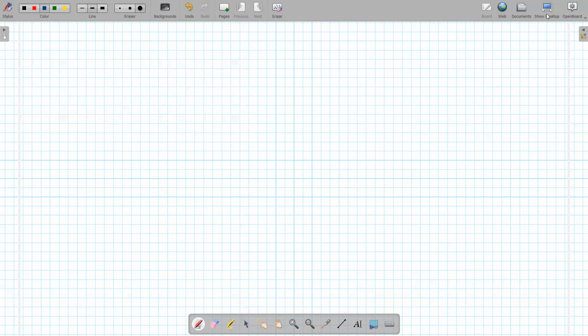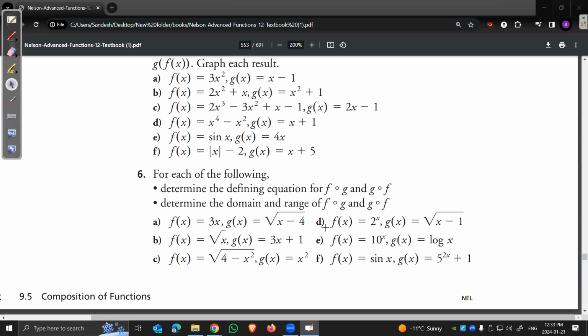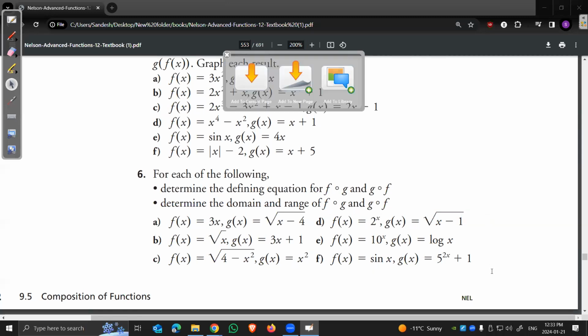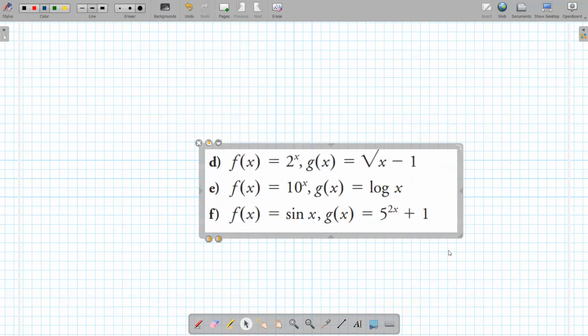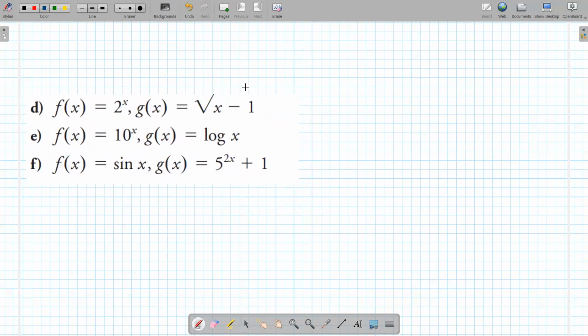Let's try doing 3 of these, where we're going to combine something other than polynomials. Let's look at D. Let's first do f of g of x. g of x is the square root of x minus 1.